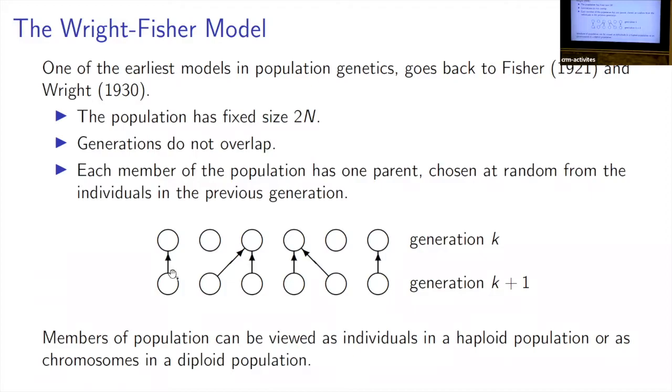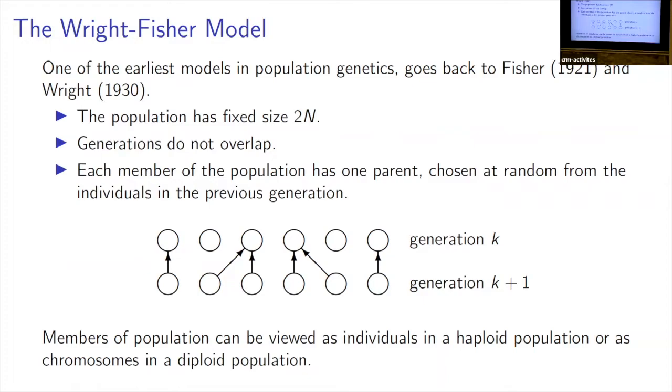So this first individual chose the first individual in the previous generation as its parent. These 2 individuals chose this individual as their parent. These 2 individuals chose this individual as their parent. And finally, the last individual chose the last individual in the previous generation as its parent. So that's what the Wright-Fisher model looks like.